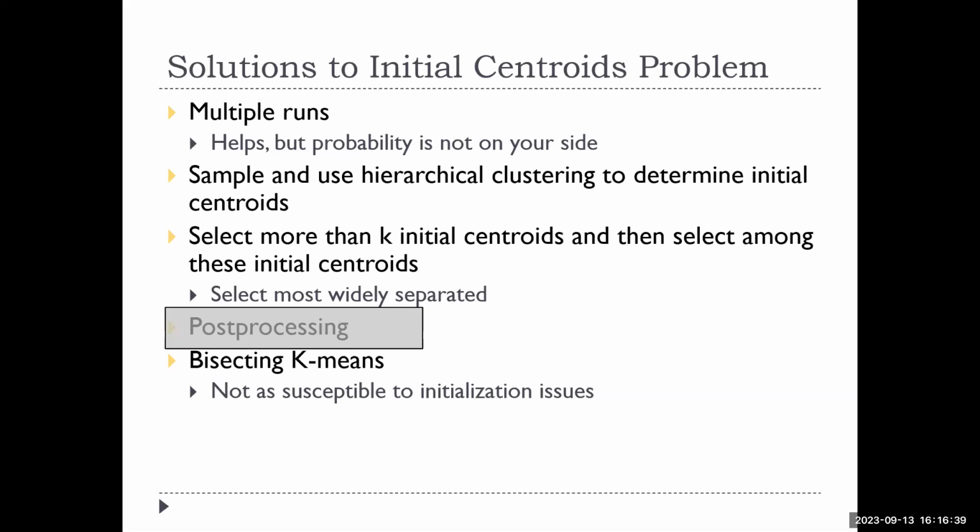You choose 20 instead of 10 and then pick the most separated 10 out of 20. We could do post-processing. I am going to explain how it could be done with an example. And there is something called bisecting k-means, which is not susceptible to initialization issues, but it has some other problems.